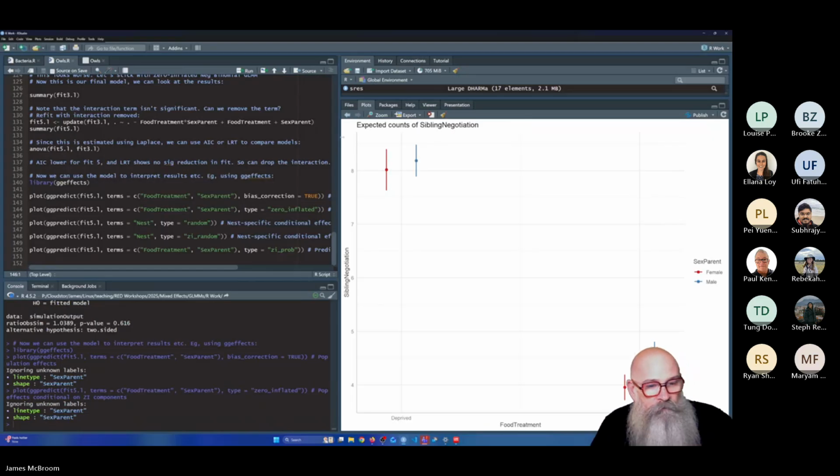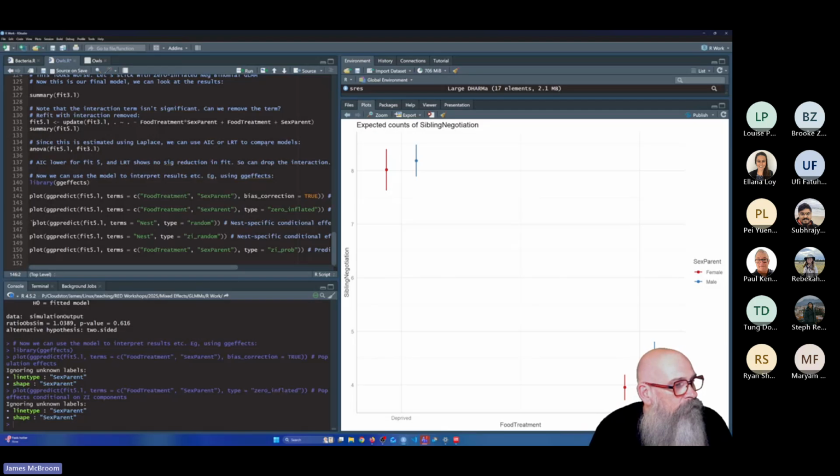Okay, and you get even more stark. Look at that. What this is doing is filtering out those extra zeros, getting rid of them, and just conditioning on the other part of the zero inflated model, the count bit, the process that's producing the counts, and we're going to filter away the other process that was generating the extra zeros.